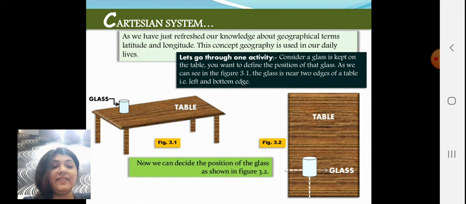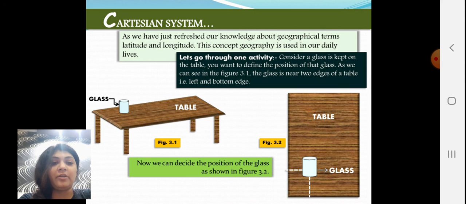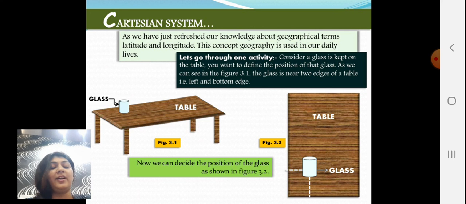Now the glass is near two edges of the table, that is the left and the bottom edge. So you can say that it is with the x dash and y dash position. Now we can decide the position of glass as shown in the figure 3.2. You can also use the graphs and you can decide the position of the glass.